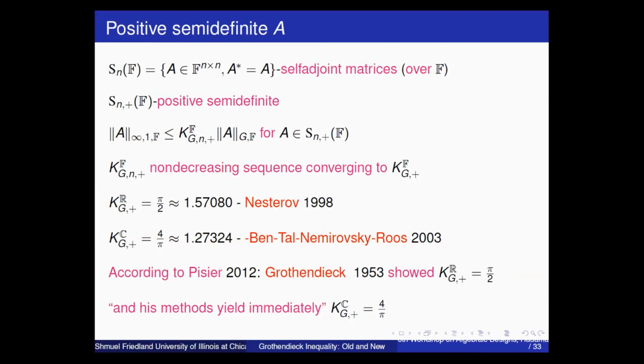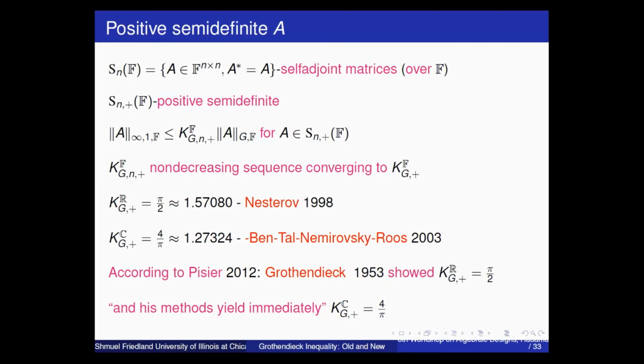Now, according to Pisier, who has done really outstanding work on the Grothendieck inequality, he claims, I didn't check, but I trust him, that Grothendieck in 1953 already showed this inequality. But you have to understand he put it in a different language. And he also claims that his methods immediately yield that this is also true. Okay, never mind. So we know about this one.